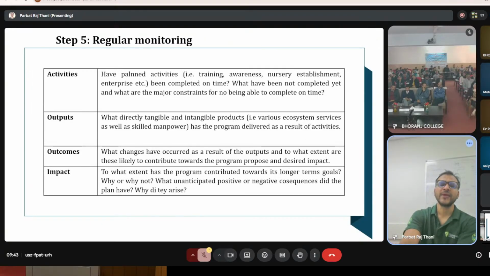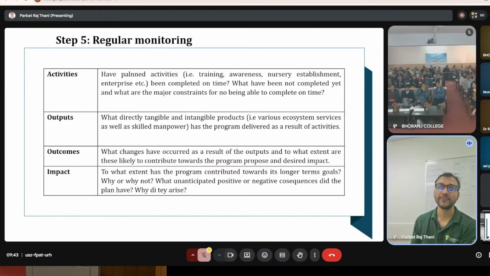And after then, they started doing all those activities there to get rid of all the threats and pressure. And after 2 years, for example, we started doing monitoring as well. Under that monitoring, we again involved all those user groups and asked questions about all those measurements: what outputs they have got, what change they have gained, and what type of impact it was, whether that helped or not.